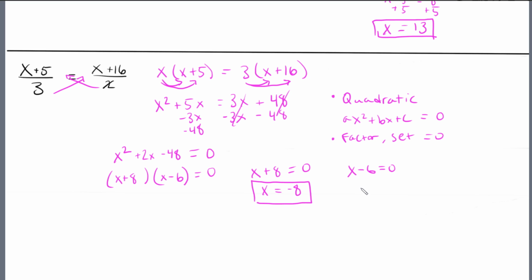The other solution should be x equals positive 6. We add 6 to both sides. Also not extraneous. And that's it. That's our solution. This one had two solutions. Eventually we're going to graph these things. The graphs do get pretty funky. What this means is the graphs intersect in two places.